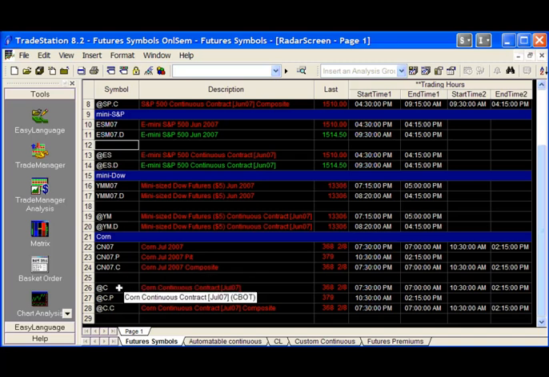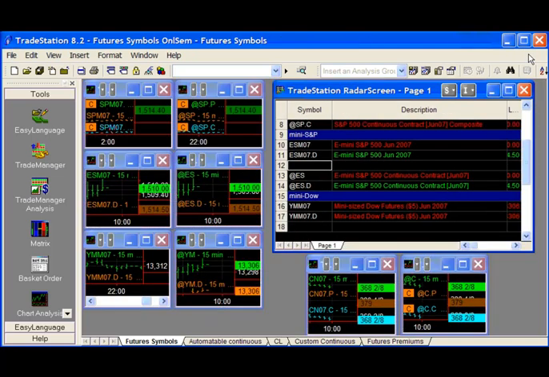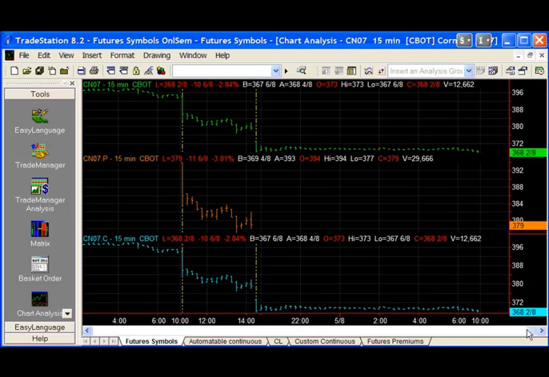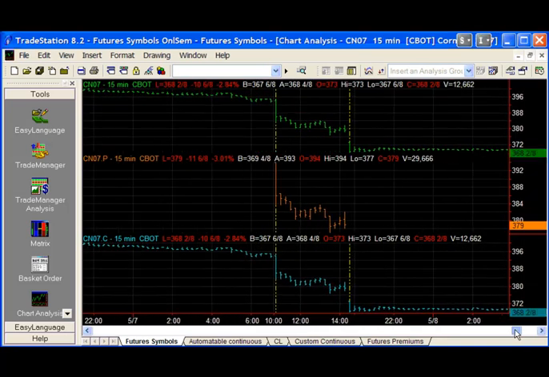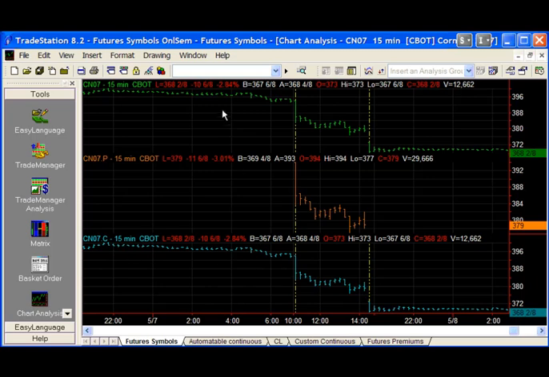Same rules for the continuous at C, at C.P, at C.C. Corn electronic, corn pit, corn composite. Taking a quick look back, you can see how the .C really looks the same now as the electronic contract, because the electronic now spans both that traditional daytime only.